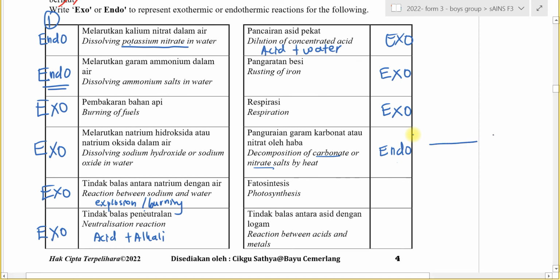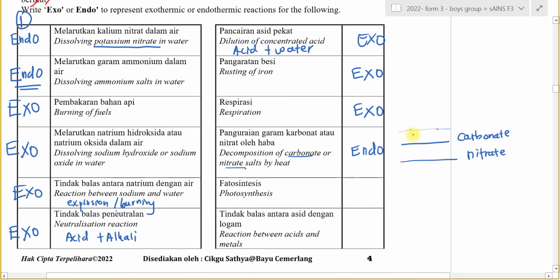Some metal plus the word carbonate, or some metal plus the word nitrate. For example, calcium carbonate, copper carbonate. When you heat this salt, the surrounding becomes cold. Same thing, potassium nitrate, we just now mentioned endo. So any carbonate salt, any nitrate salt, you do not add into the water, you straight away heat, it will be endo.